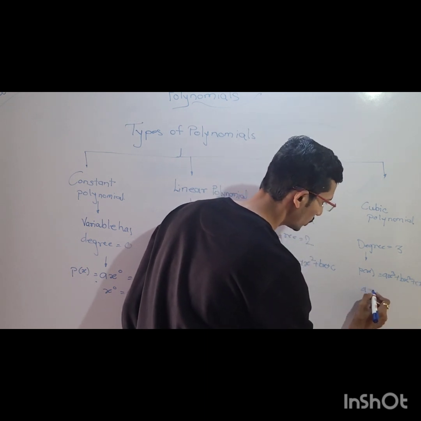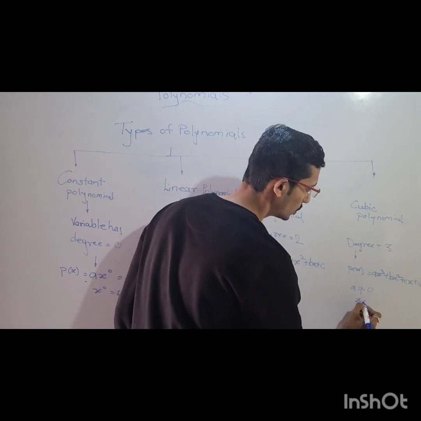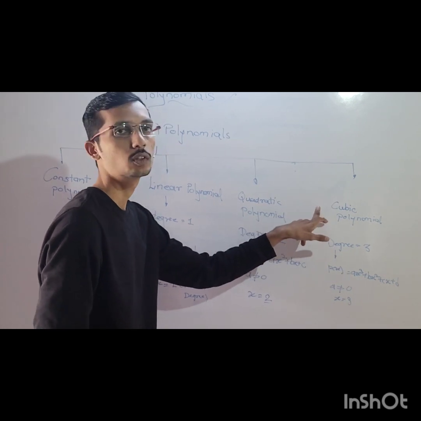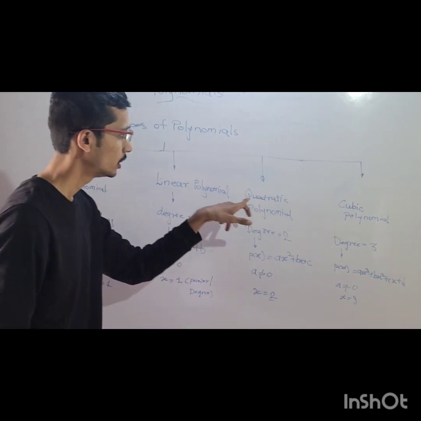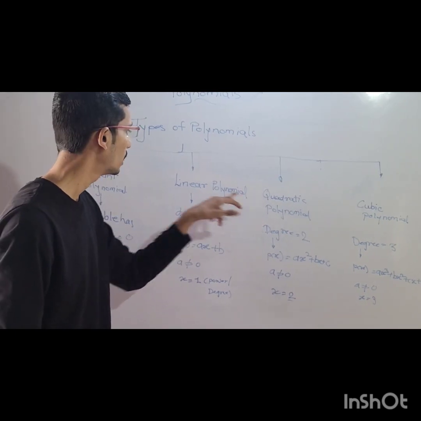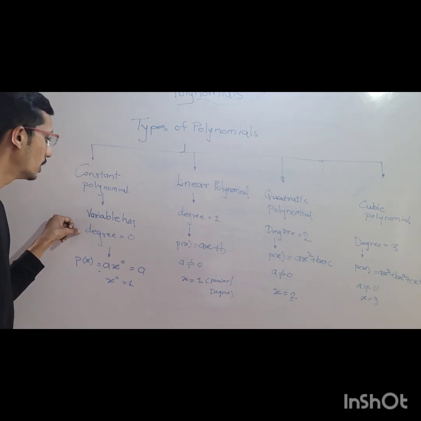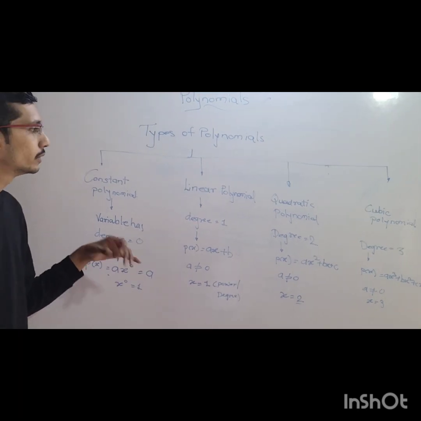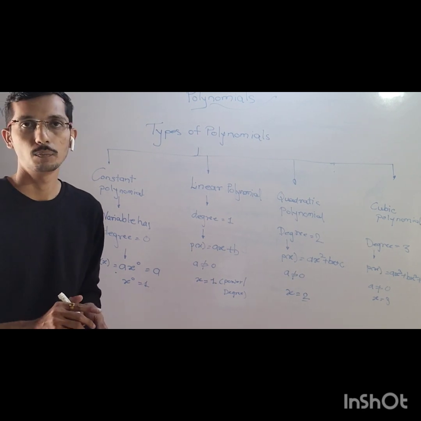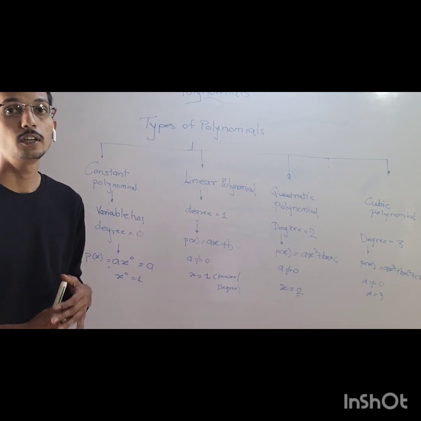In this also a should not be equal to 0, and it has degree equal to 3. This polynomial has degree 3, hence it is called a cubic polynomial. This quadratic polynomial has degree 2, hence it is called a quadratic polynomial. Linear polynomial has degree 1 and constant polynomial has degree 0. There is again one more type of polynomial, that is the biquadratic polynomial. A biquadratic polynomial is a polynomial which has degree 4.